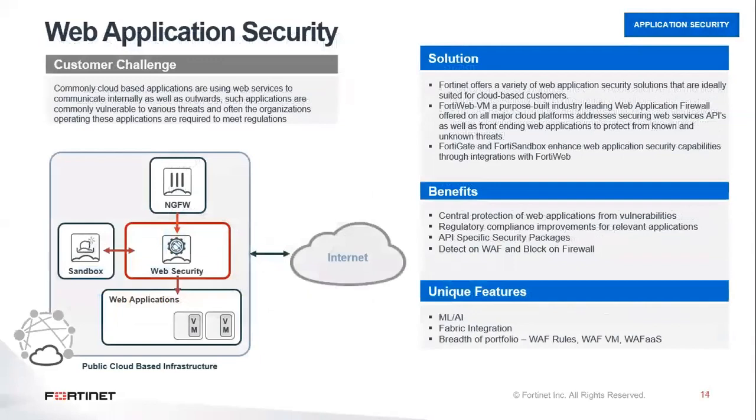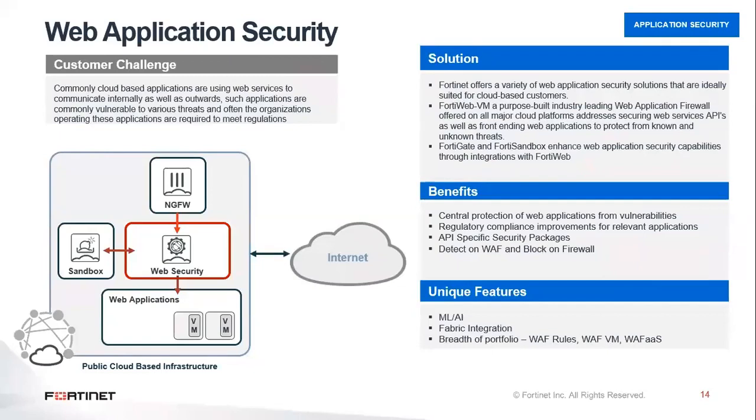One of the most common use cases for customers moving to the public cloud is to host web applications. These applications are often homegrown and not built with security in mind, which leaves them vulnerable to a variety of threats. While some cloud providers offer web protection, FortiWeb goes beyond basic signature matching and incorporates machine learning for advanced and continuously evolving analysis of traffic patterns, along with leveraging FortiGate antivirus and botnet databases.